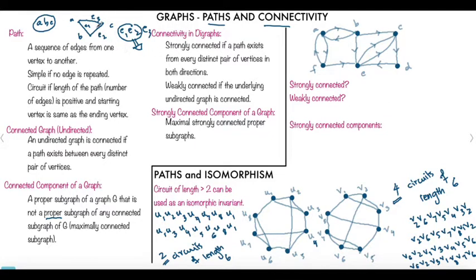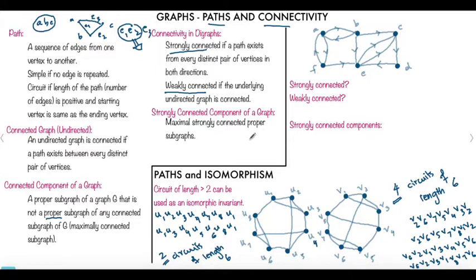But if the path does not exist, but if we remove the arrows and then the path exists between any two vertices in the underlying undirected graph, then it is called weakly connected. Okay, so it's obvious that if a graph is strongly connected, it is automatically weakly connected, but the other way around is not necessarily true. Okay, then a strongly connected component of a graph is similarly defined for directed graphs, as the maximal strongly connected proper subgraphs.